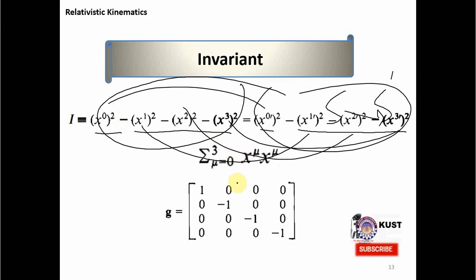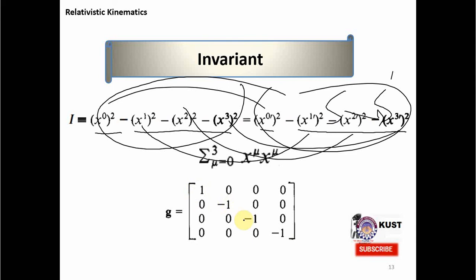So when I use G mu nu over here, at the moment we have not used it, but we can use this G mu nu, this metric, and this metric actually captures everything. This is a dynamical property and a very important quantity in the general theory of relativity. In the special theory of relativity, this metric is called the Minkowski metric, and it represents flat space: 1, minus 1, minus 1, minus 1, or you can write minus 1, plus 1, plus 1, plus 1.